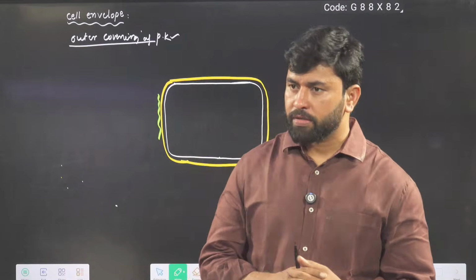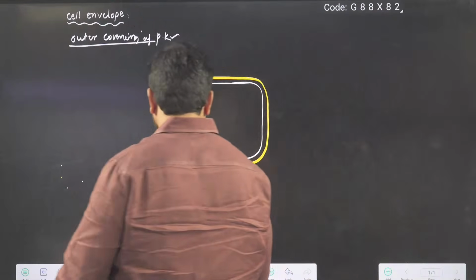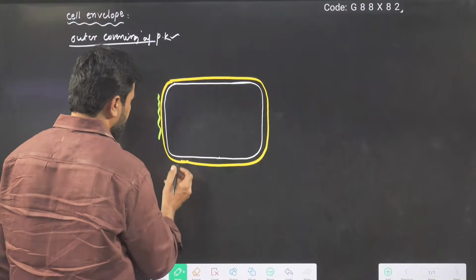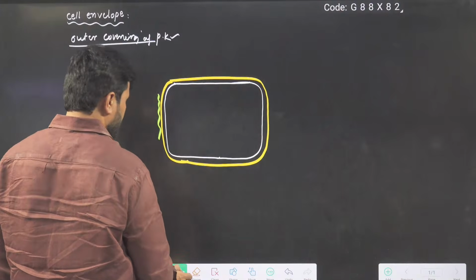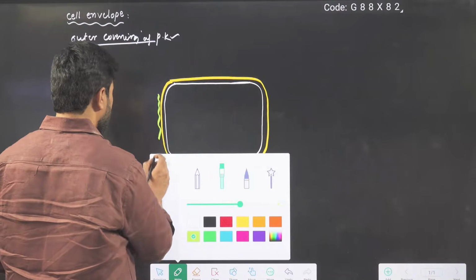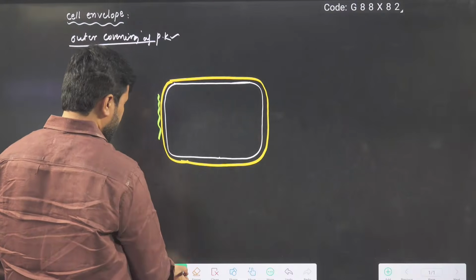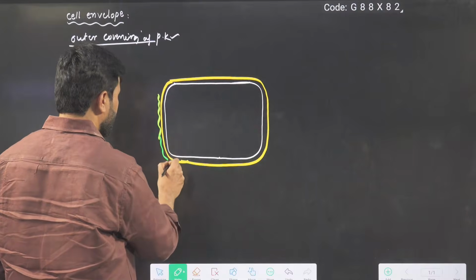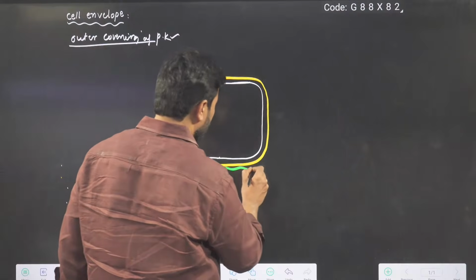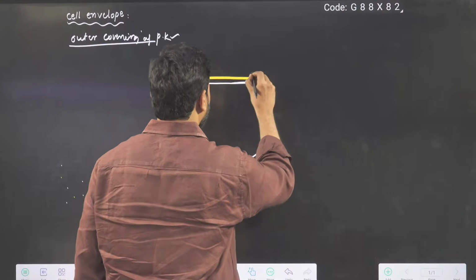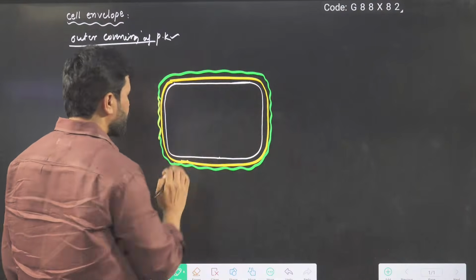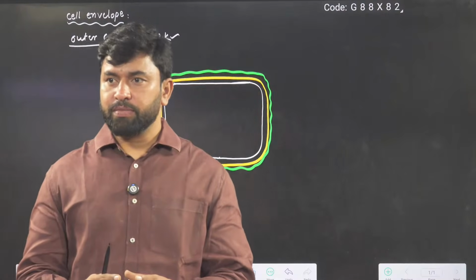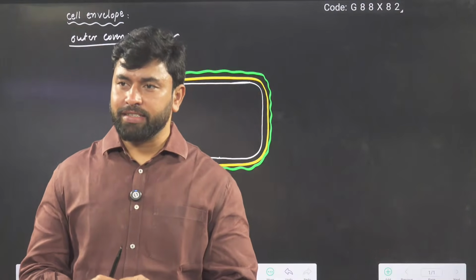Okay, done. See, around the cell there should be a plasma membrane. Then the second one is the cell wall. Around the cell wall, some bacteria possess some extraordinary structure or extension. That extension is known as glycocalyx. In this, three layers of envelope have been developed around the bacterial cell.